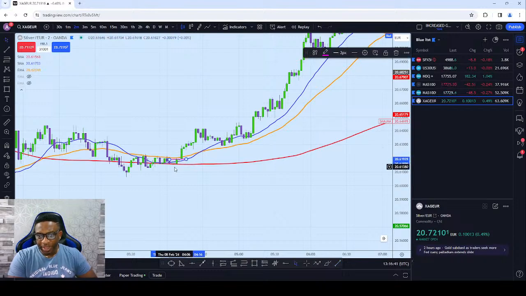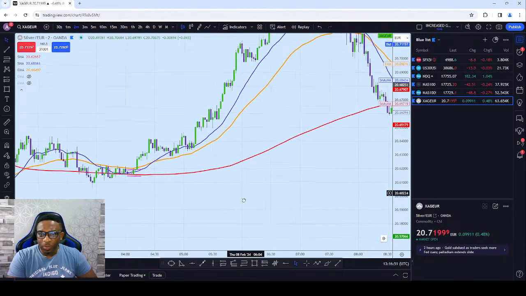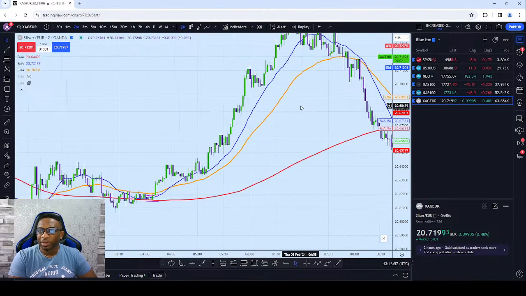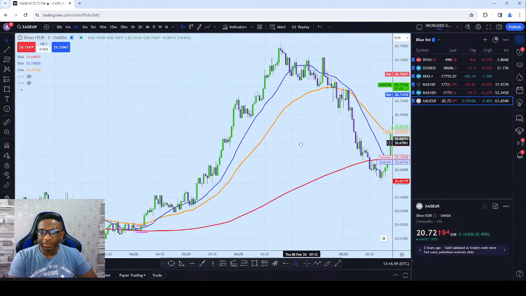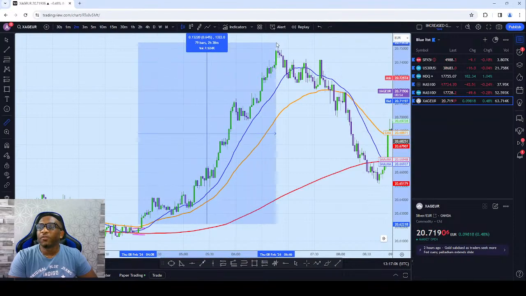So entry here, stop loss right below here, and then see how beautifully it went. How many pips would this have given? A lot of pips to enjoy.